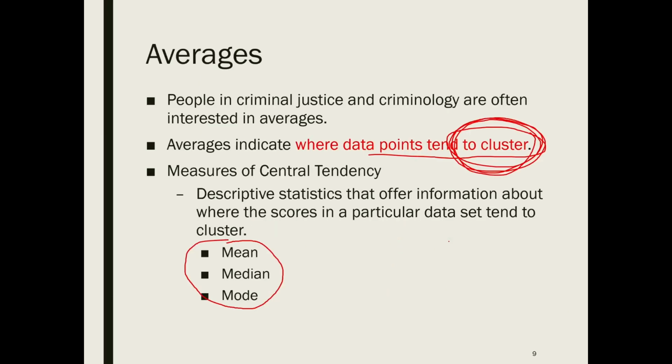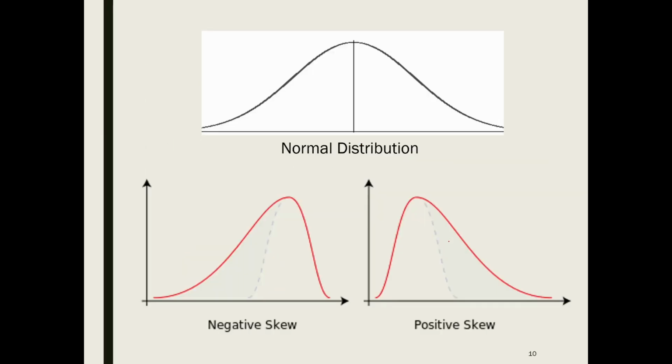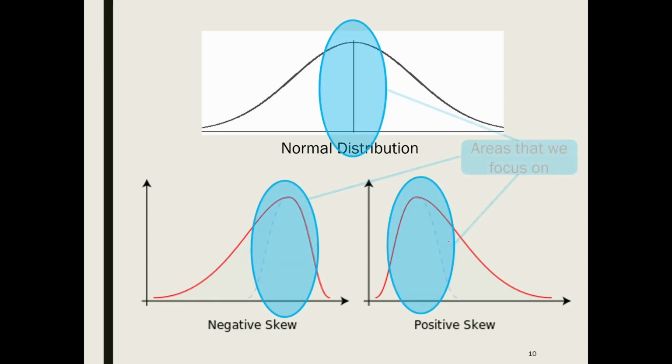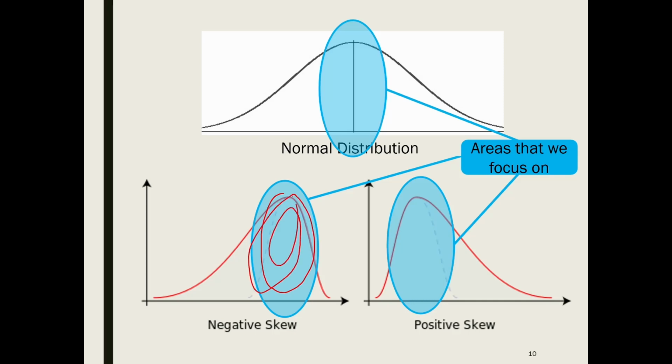In the normal distribution, those three are supposed to be in the middle, here. For the negative skewed, we are also looking at where the data tend to cluster. And in the positive skewed, it's here where we see the data cluster.